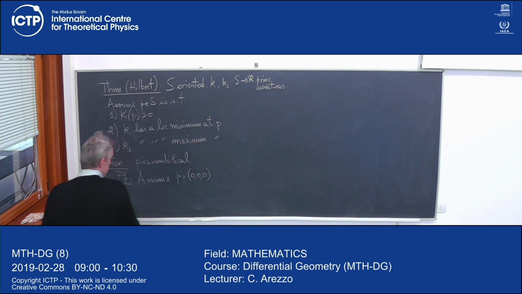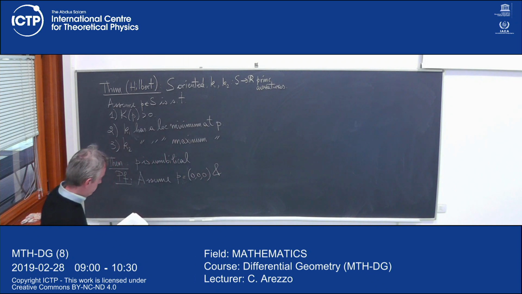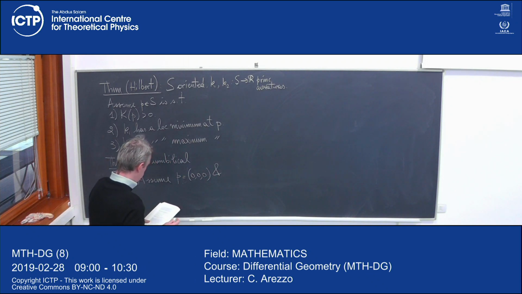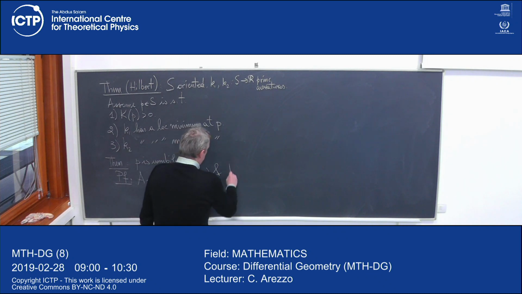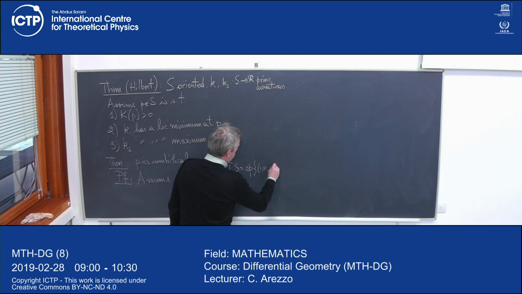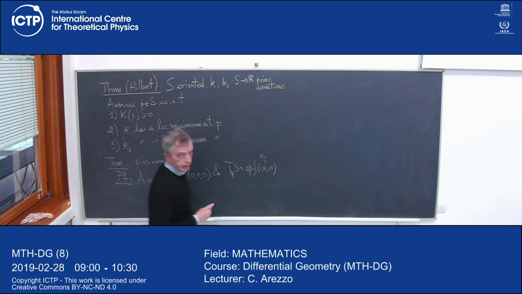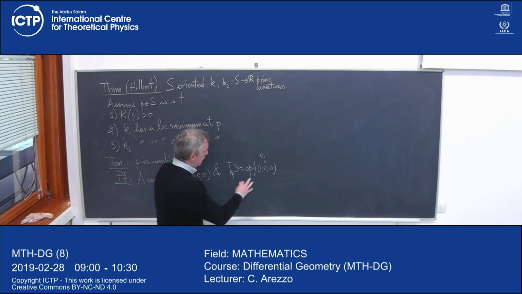So T_P S is the span of (1, 0, 0), which I will call E1. I already called it that sometimes in the past, but let me repeat it for clarity.